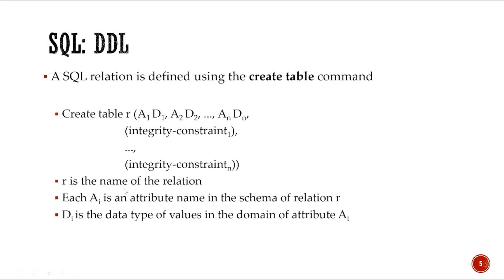It can be a table like student, customers, and anything else. Each A sub i is an attribute name in the schema of relation R. In other words, these are columns in the table. And D sub i is the data type of values in the domain of attribute A sub i. What kind of data can be accepted for that attribute?